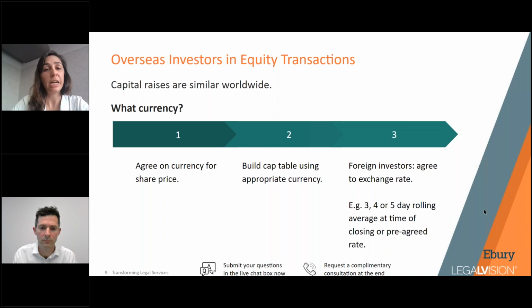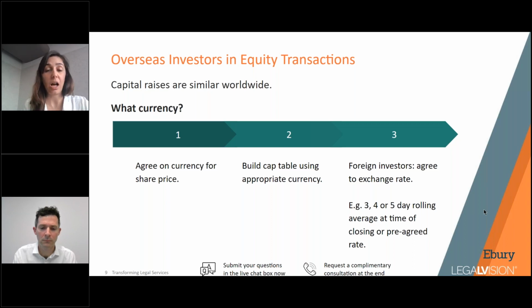So in deciding the rate, you might agree a predetermined rate. So you might look at the exchange rates as of today and put those into the documents. Or you might agree that you use, say, a 3, 4, or 5 day rolling average at the time of closing. So ideally, you would only be converting the investors that are investing in foreign currency.